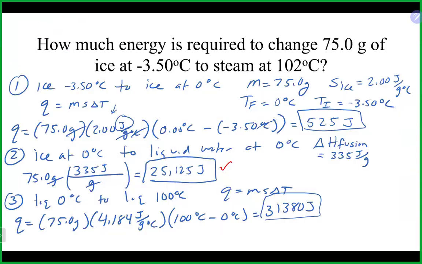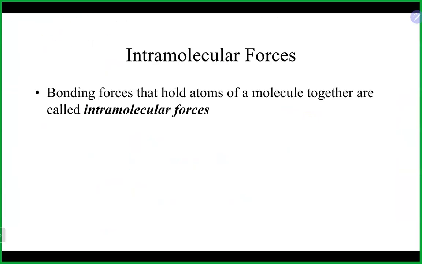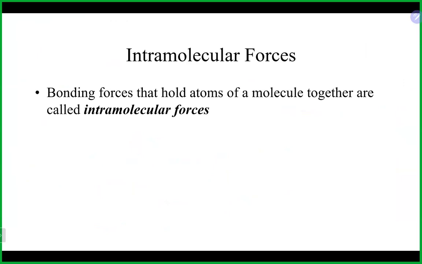Okay. So the next thing we're going to talk about is how molecules interact with each other. And there's a couple of different types of forces. One type of force is known as an intramolecular force. An intramolecular force means within the molecule. So, for example, that's like ionic bonding if we're talking about our ionic compounds, our electrostatic attraction.